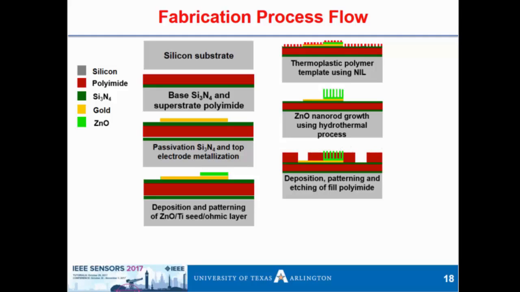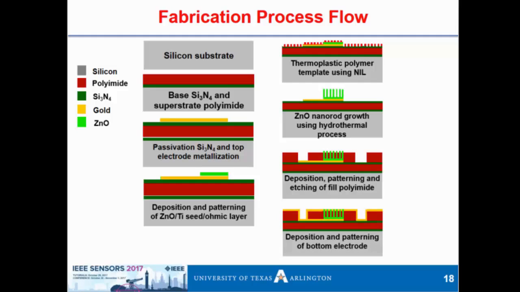And then this is very important: we back etch. The amount of back etching that we do determines the sensitivity. The reason why we back etch is, of course, because we need to put another electrode on top. So that's what we do.